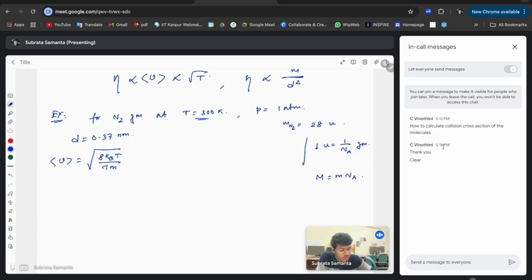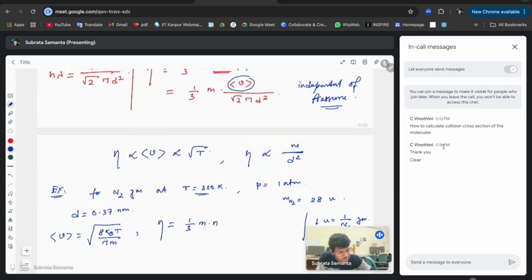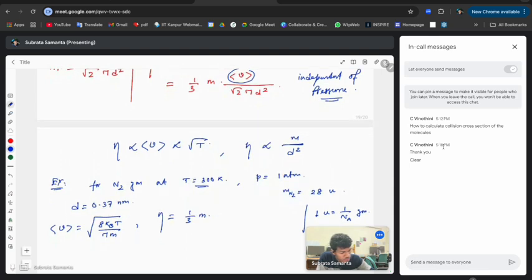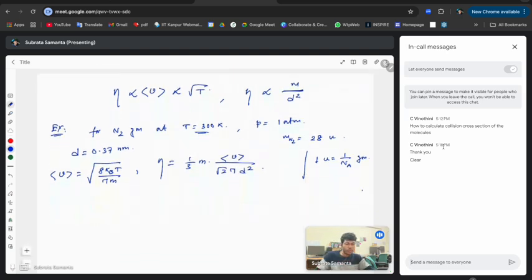So eta is 1 over 3 m n lambda, or I can use this formula with no n: V average over root 2 pi d square. So you know everything. V average you know because the temperature is given. Pressure is not needed.